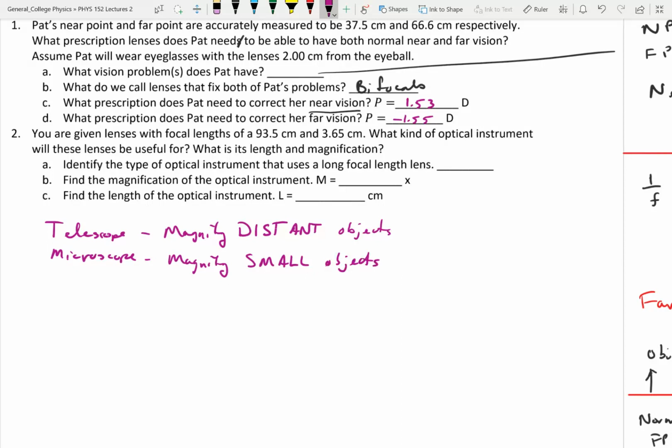I used to think when I was a child that a microscope and a telescope were just the opposite of each other. You turn it around and it changes from one to the other. Not so. They're optimized for different types of jobs. So a microscope is made with two short focal length lenses, with the shorter being the objective.